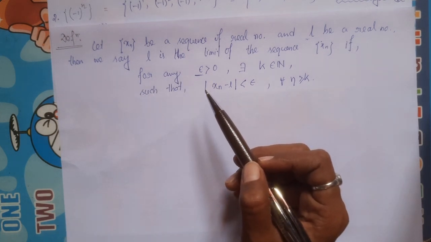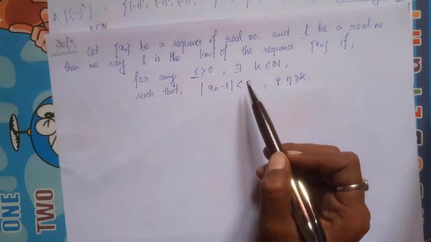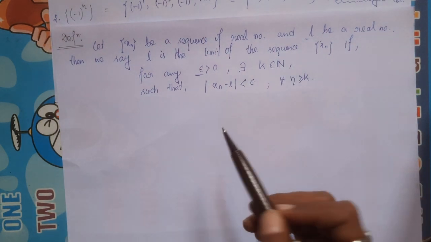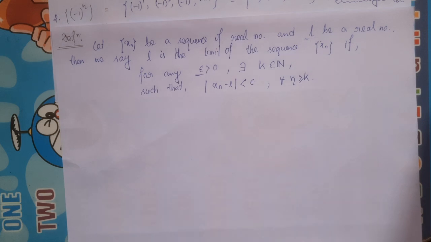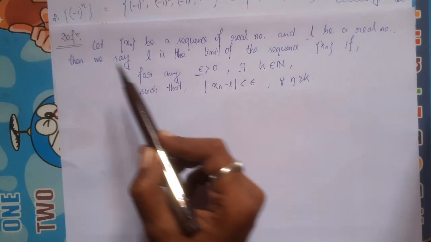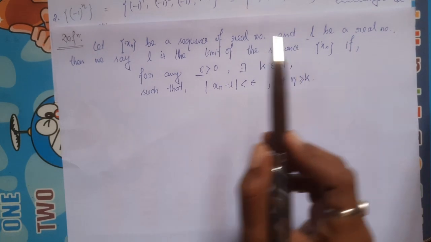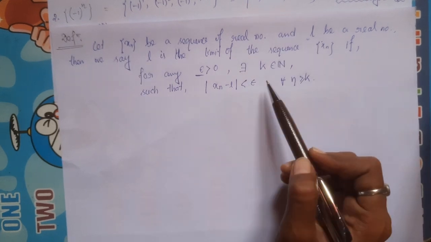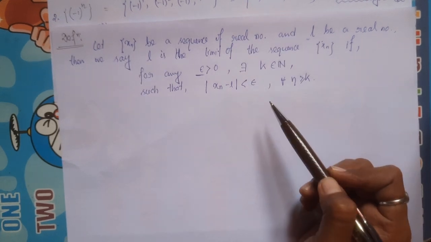What is epsilon? Epsilon is a very small positive number. For any epsilon greater than 0, there exists a k belonging to N, there exists a natural number, right? For any epsilon, there exists a natural number such that the modulus of x_n minus L, the positive difference of these two terms, is always less than epsilon, okay.